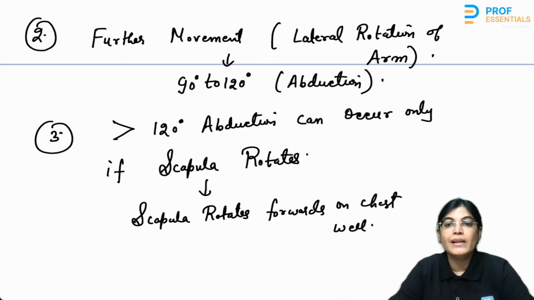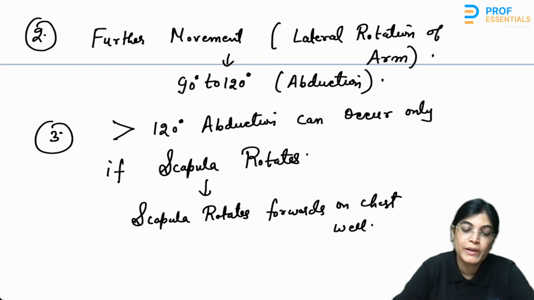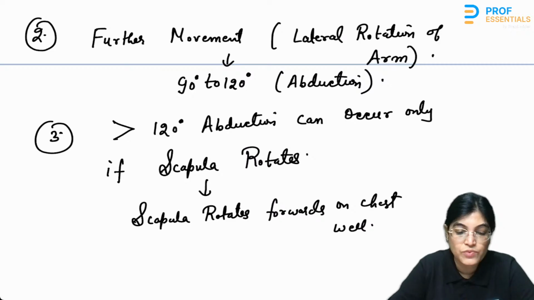That is why we say the shoulder joint is a complex. Not only does movement happen in the glenohumeral joint, but other joints are also involved. So the rhythm of movement between the scapula and the humerus is called the scapulohumeral rhythm. That means 1 degree of rotation of the scapula happens for every 2 degrees of movement at the glenohumeral joint. So that is very important.